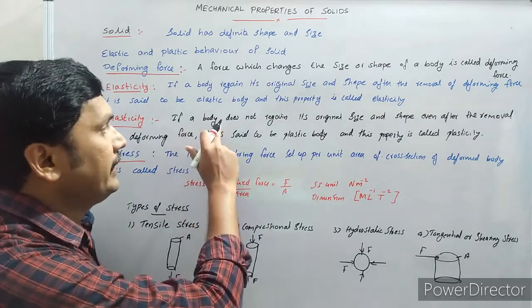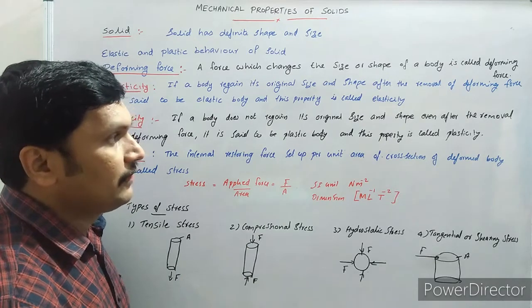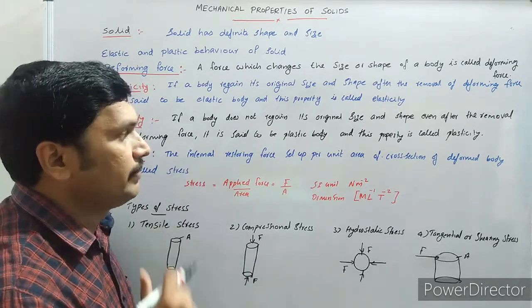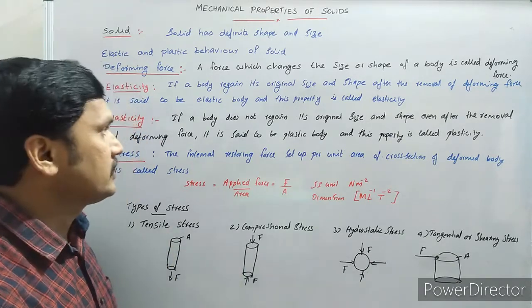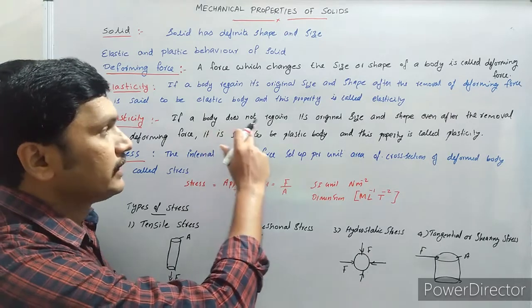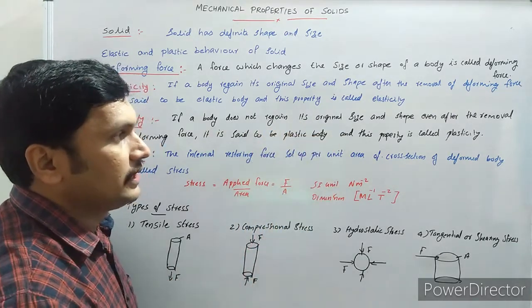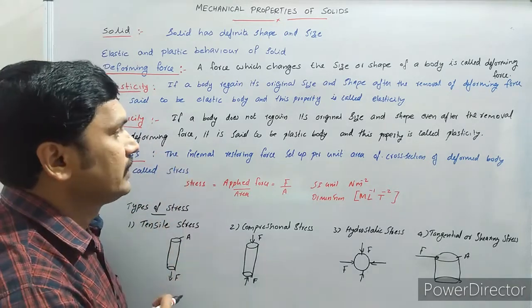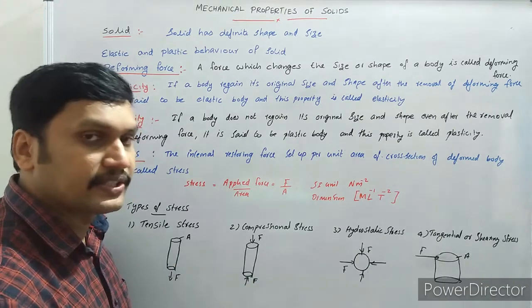That is, if a body does not regain its original size and shape even after the removal of the deforming force, it is said to be a plastic body, and this property is called plasticity.